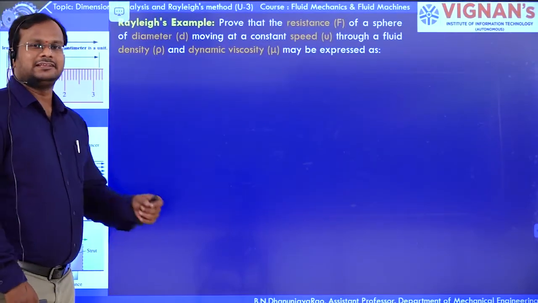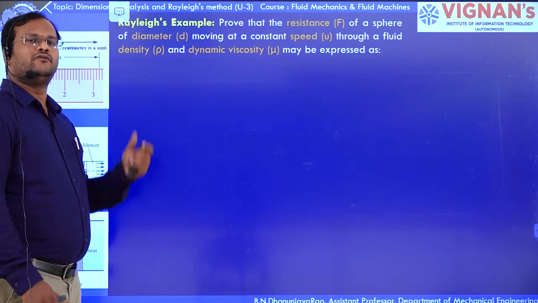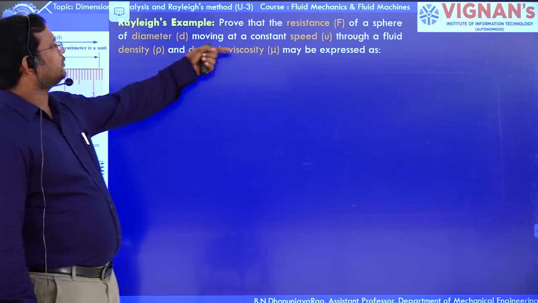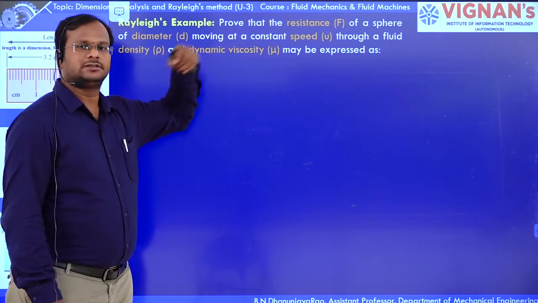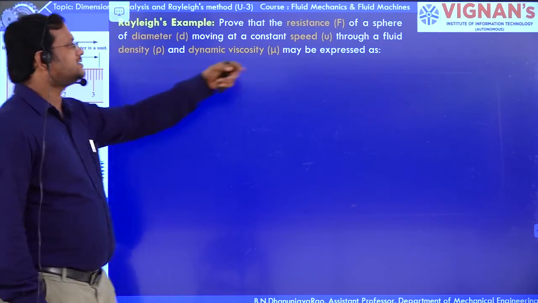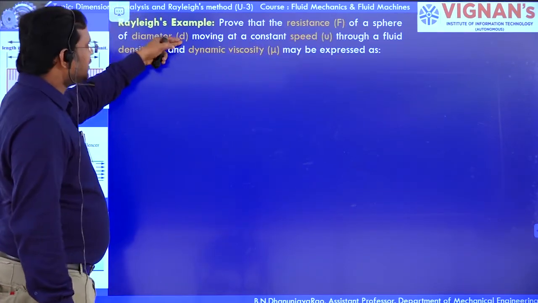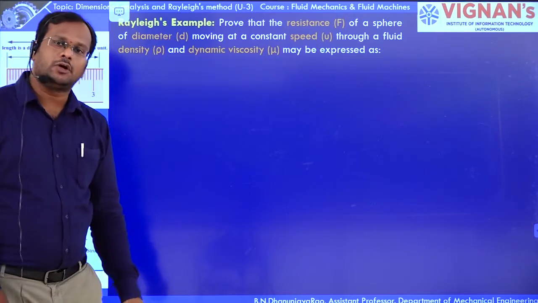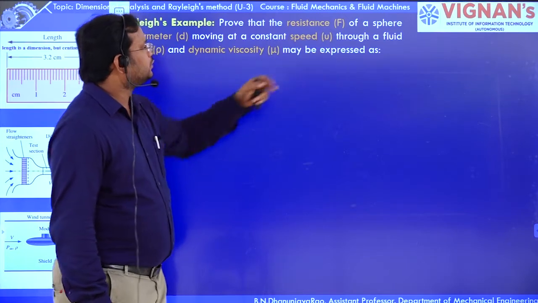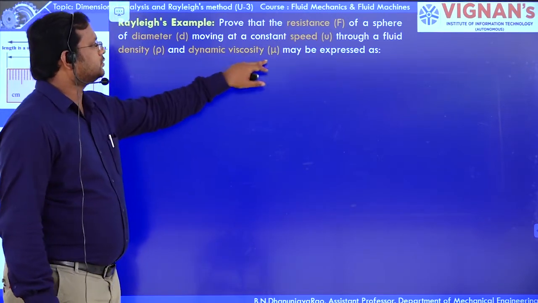As an example, I took a particular fluid flow problem for Rayleigh's method. Prove that the resistance of a sphere of diameter d, which is moving with a constant speed u through a fluid of density rho and dynamic viscosity mu.